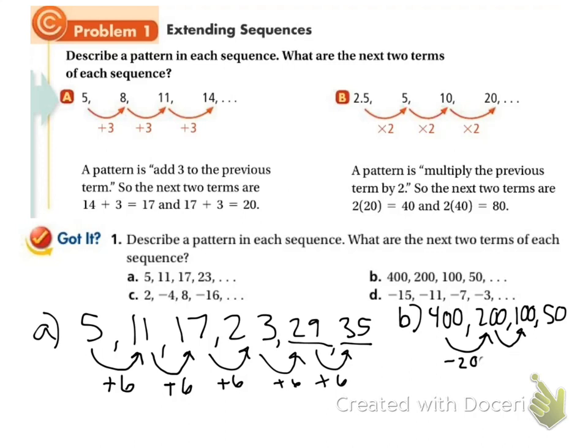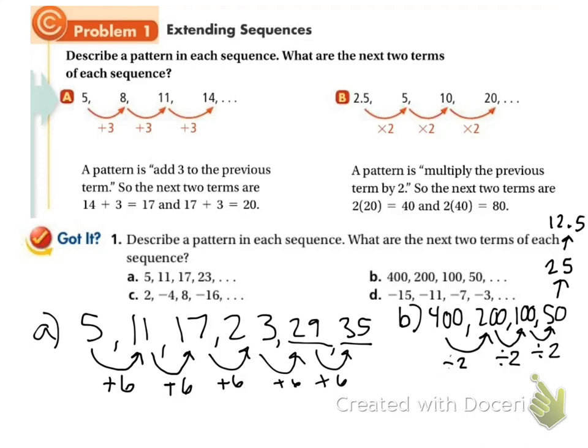So if it's not subtraction, then try out division. 400 divided by 2 gives me 200. 200 divided by 2 gives me 100. And 100 divided by 2 gives me 50. My next term, 50 divided by 2 would be 25. And 25 divided by 2 would be 12.5.